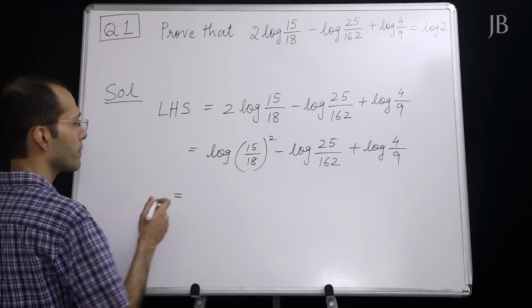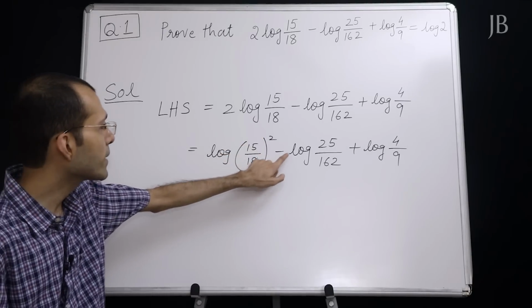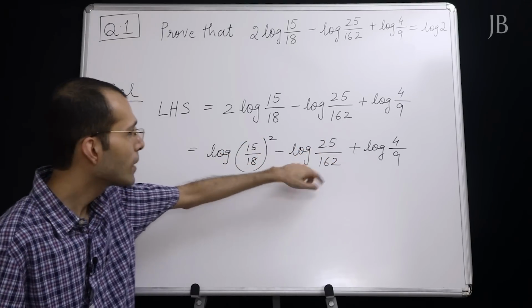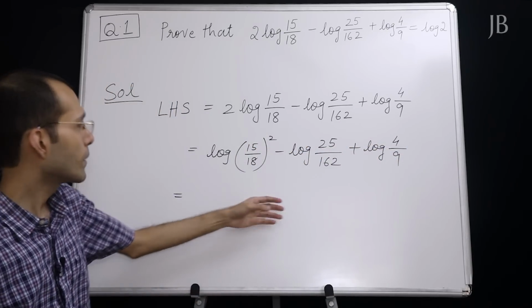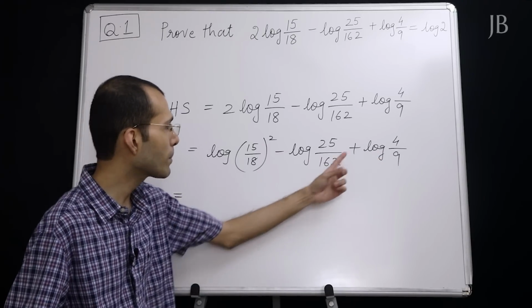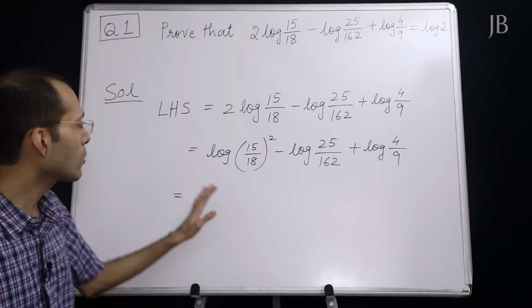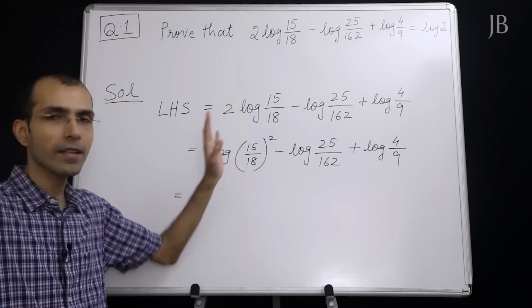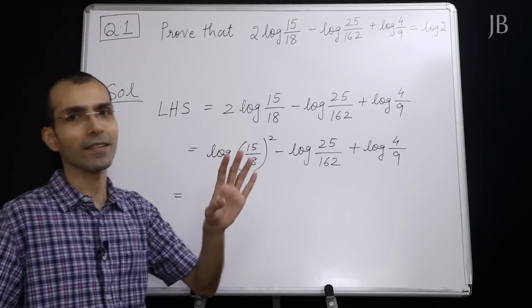Now this is like log a minus log b plus log c. Don't get confused, because if you try to apply log a plus log b, it will go wrong, because this is not log a plus log b. There is a minus sign here, so you will get confused. So now that the coefficient has been taken in the power, we just run across and apply the laws together.